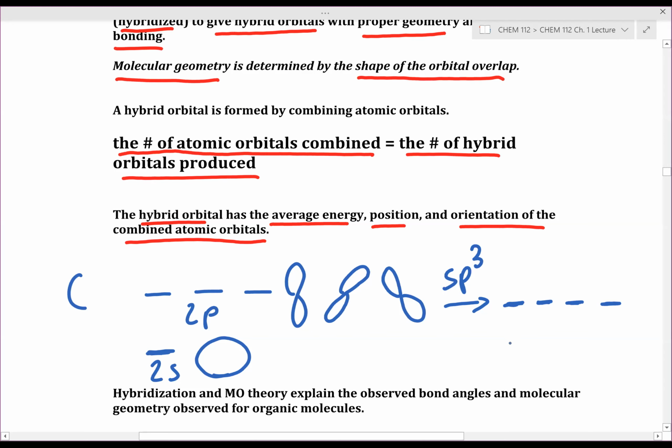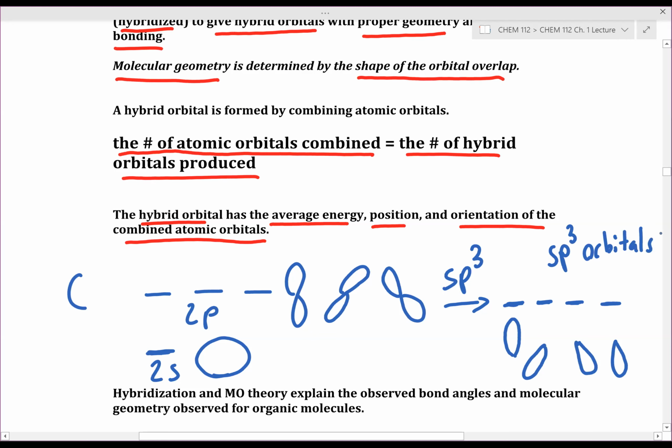So we draw each of these hybrid orbitals, and you can prove this using geometry, but I'd just like you to get this idea that each of these hybrid orbitals that we generate has an average shape from all of these combined orbitals. And we call these hybrid orbitals sp3 orbitals.